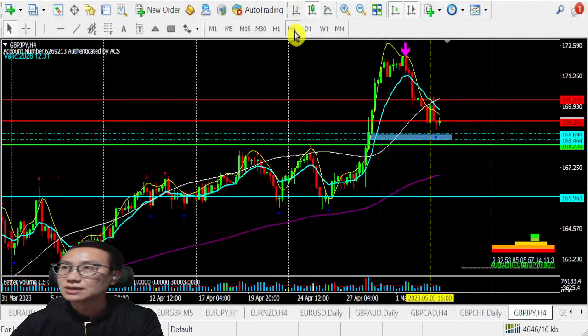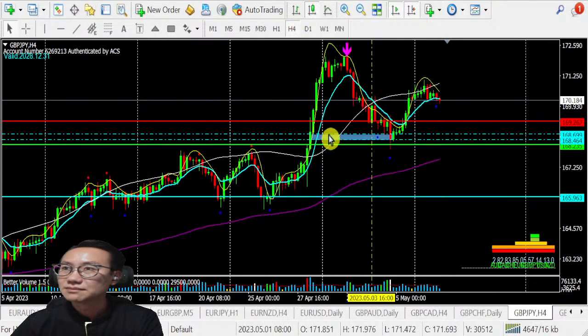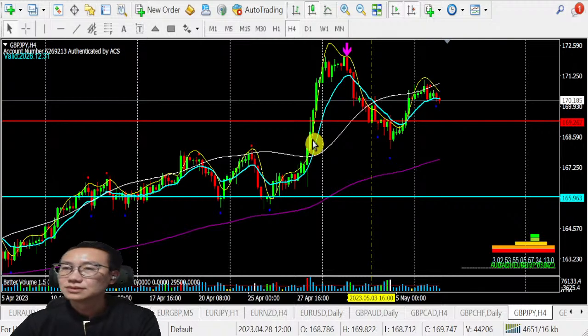Let me check again. This was my target earlier on, so it has been taken out. Let me remove this as well, and this rectangle.